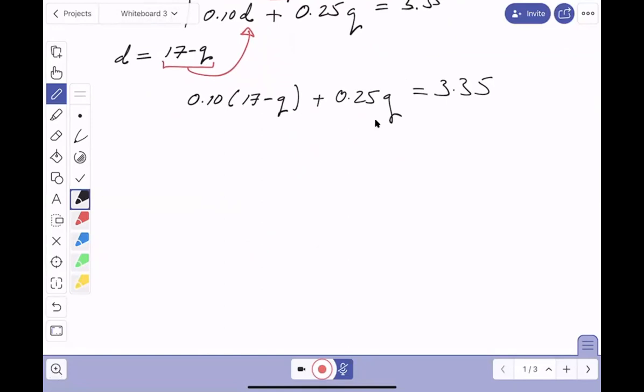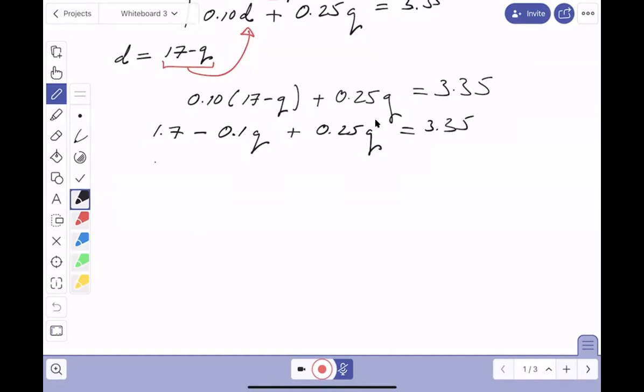But I don't think the arithmetic's that bad. I make mistakes though. So what do I get? I get 1.7 minus 0.1 Q, plus 0.25 Q equals 3.35. I'm not thinking about money anymore.